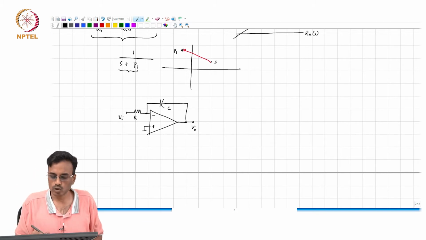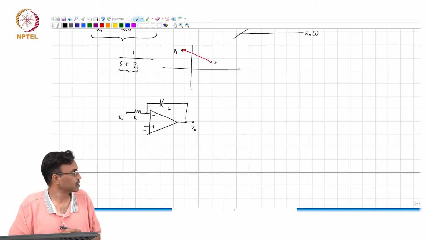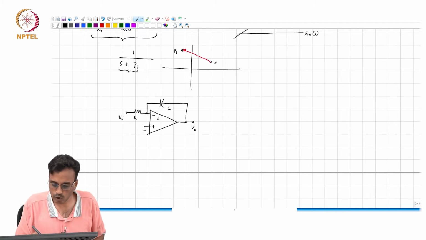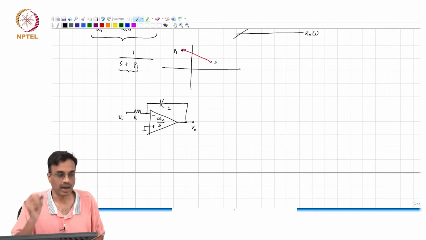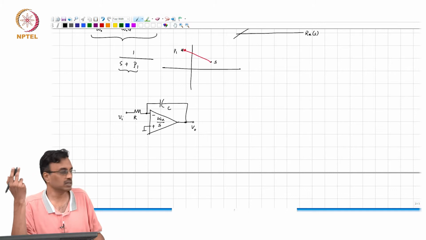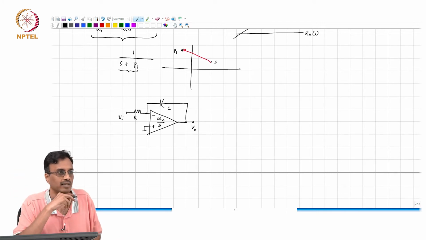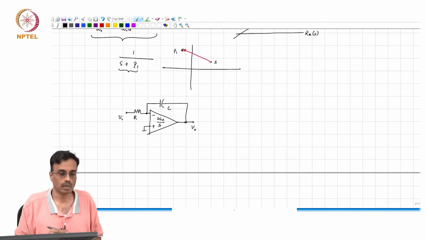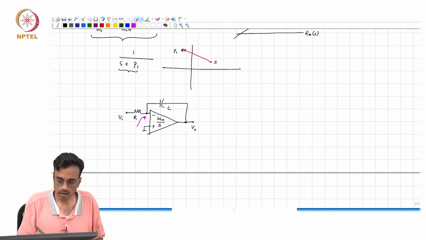The ideal response, of course, is minus 1 by SCR. And now, the gain of the op amp is omega u over S. Okay. So, what comment can we make about the transfer function? There is no other way except to simply evaluate it. So, what is this voltage? Please sit and evaluate it.